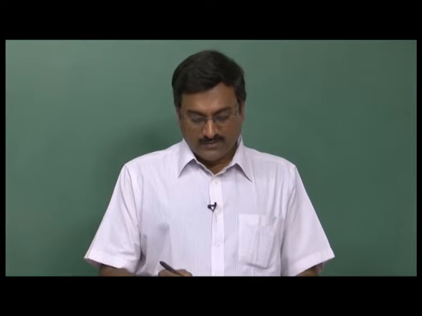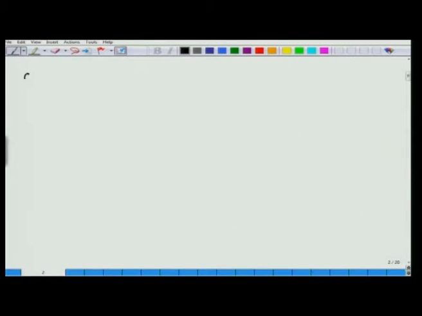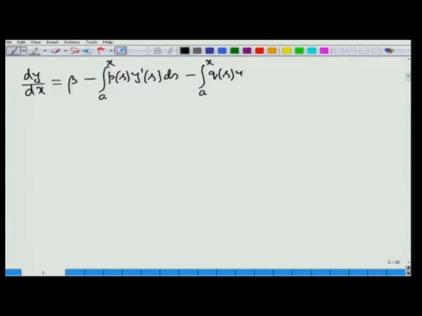So, the left hand side will be y dot (x) minus beta, and we can shift this beta onto the right hand side to get the result that dy/dx, which stands for y dot (x), is equal to beta minus integral a to x p(s) y dot (s) ds minus integral a to x q(s) y(s) ds plus integral a to x r(s) ds.